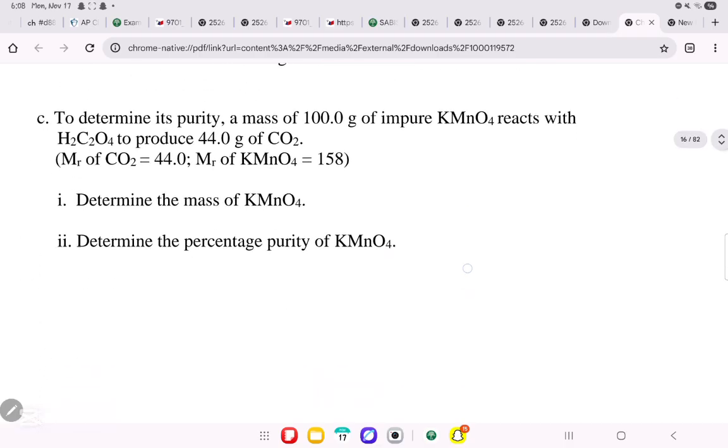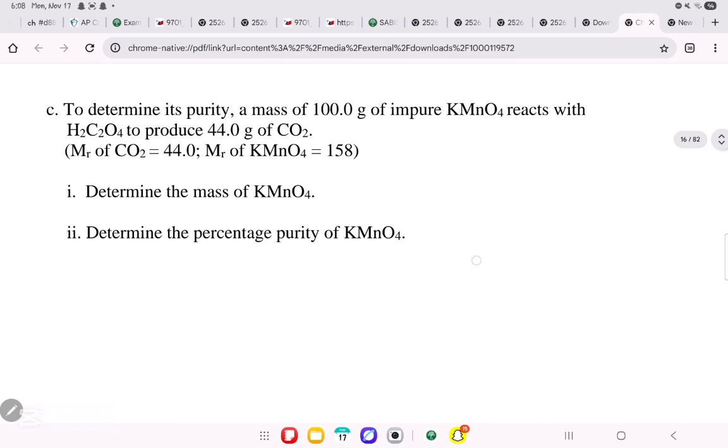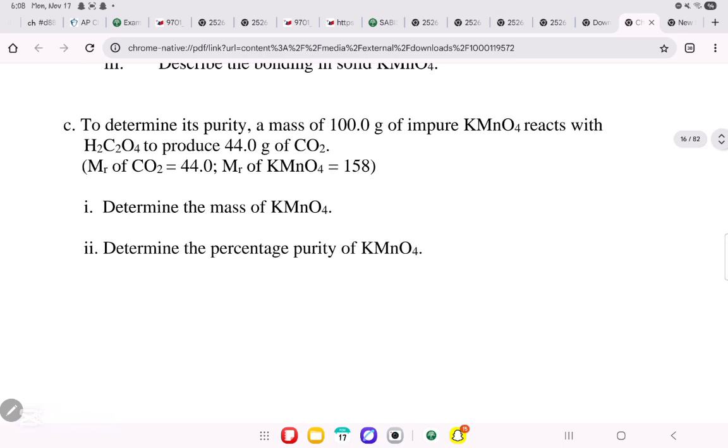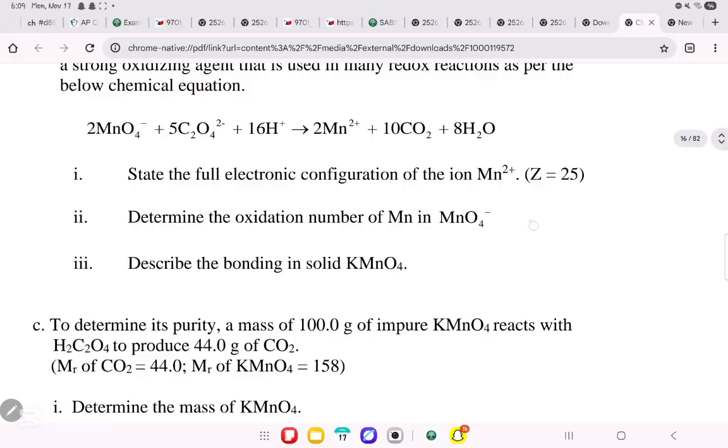Then we move on to part C. What does it say? It says to determine its purity, a mass of 100 grams of impure KMnO4 reacts with H2C2O4 to produce 44 grams of CO2. So determine the mass of KMnO4. So if we go back up to the equation, we're dealing with what?